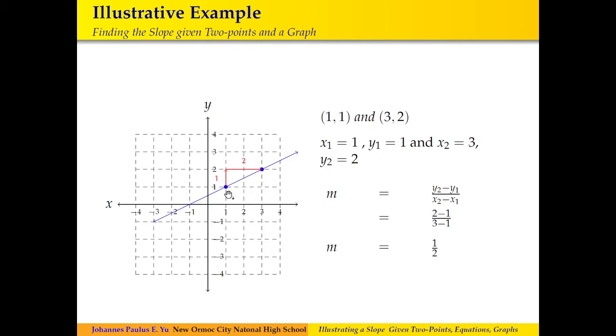So, ganito lang kadali. You count how many units above and then you stop pag nandyan na siya mismo sa harapan ng ikalawang point. So, that counting must be the change in y, or the vertical distance.